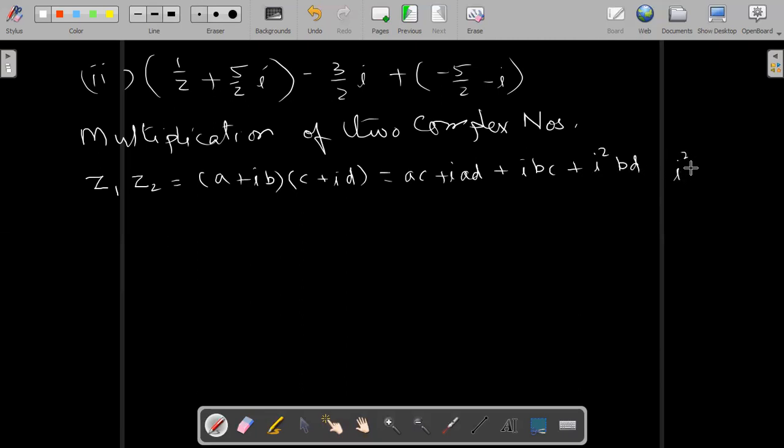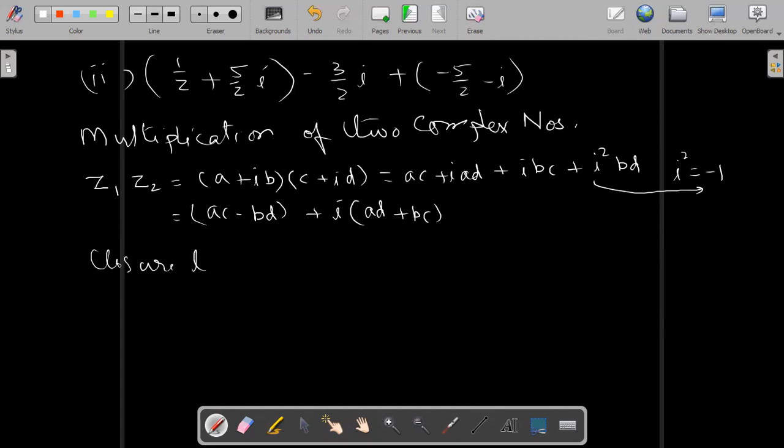And you know that iota square is equal to minus 1, and this will become the real part. Therefore, we get AC minus BD plus iota AD plus BC.